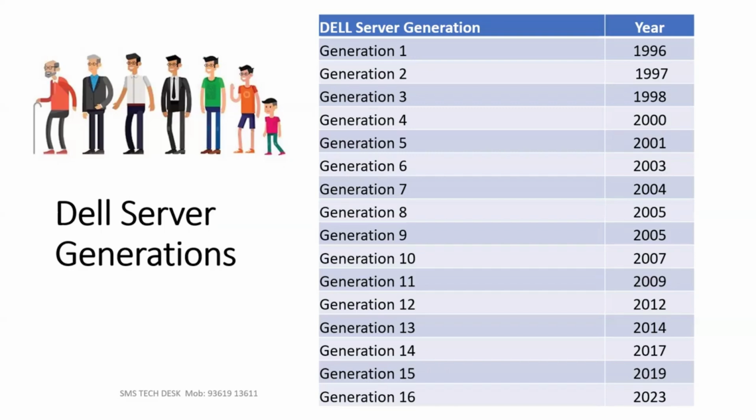This is for Dell servers. Each and every vendor has their own generations. For example, if you go for Cisco UCS, they will call it M1, M2, M3, M4, right? Whereas if you go for HP servers, they will have Gen 8, Gen 9, Gen 10. Did you hear about those terms when you supported HP kind of hardware?